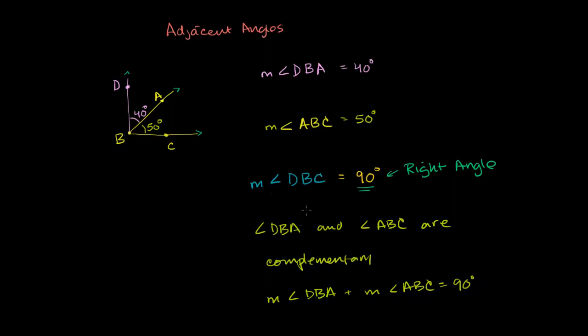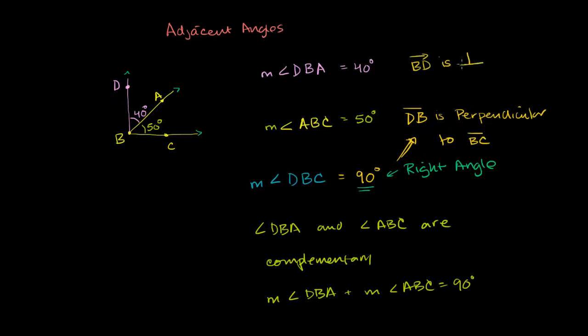So because we know that the measure of angle DBC is 90 degrees, or that angle DBC is a right angle, this tells us that the line segment DB is perpendicular to line segment BC.